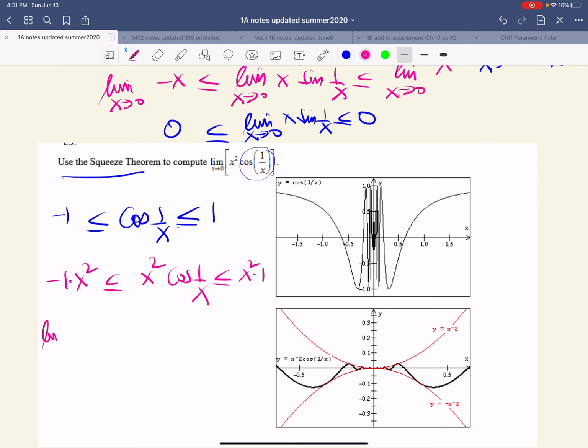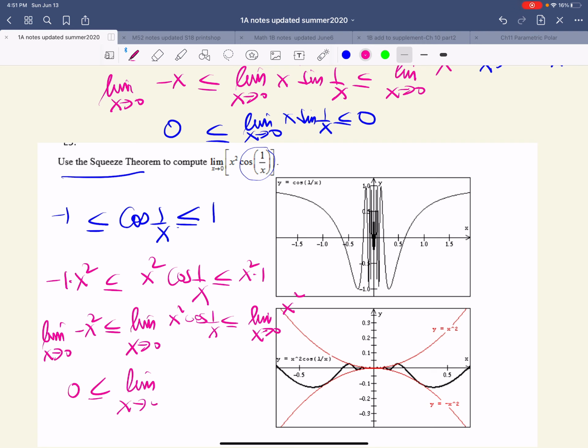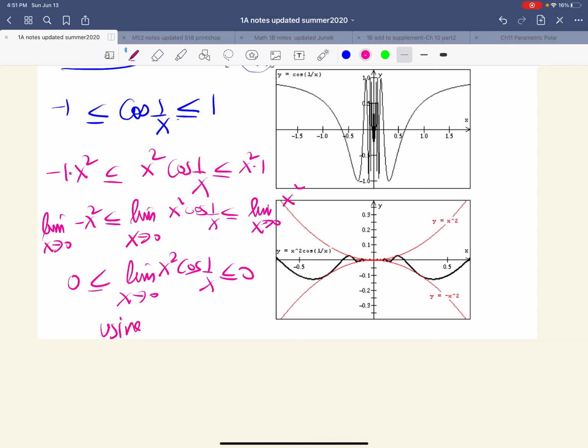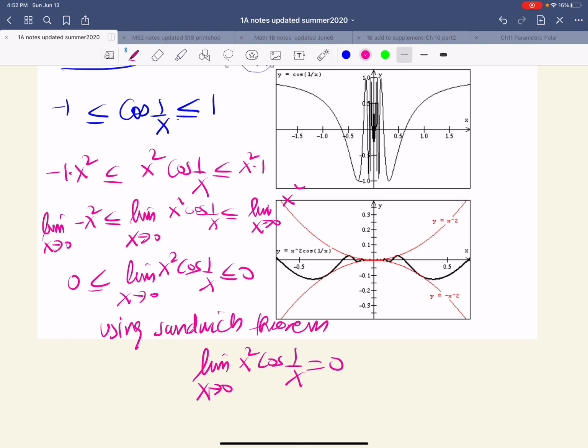Now we're going to take the limit as x approaches 0 of negative x squared, the limit as x approaches 0 of x squared cosine 1 over x, and the limit as x approaches 0 of x squared. We were able to squeeze our limit between two functions whose limit is equal to 0. So using the sandwich theorem, or squeeze theorem, the limit as x approaches 0 of x squared cosine of 1 over x is also equal to 0.